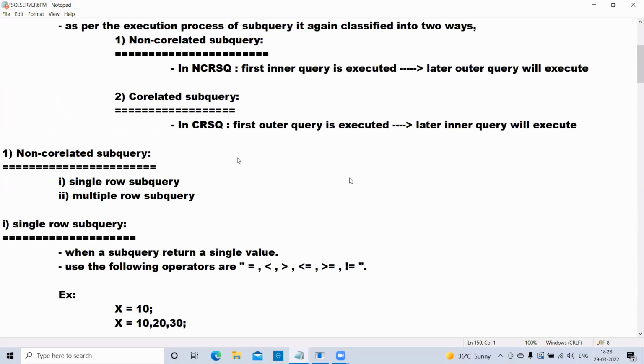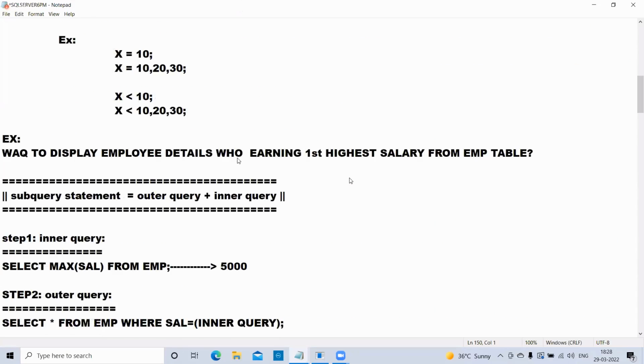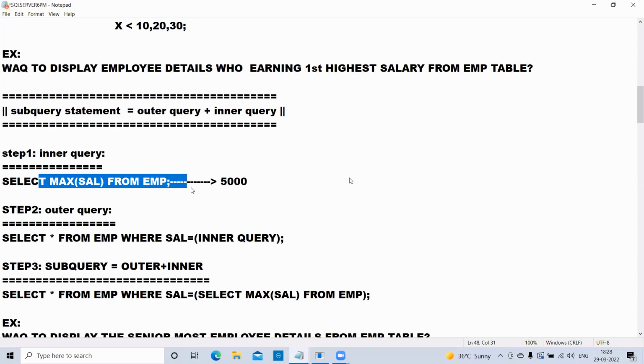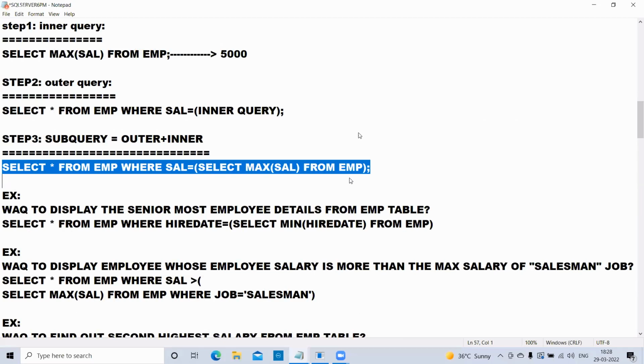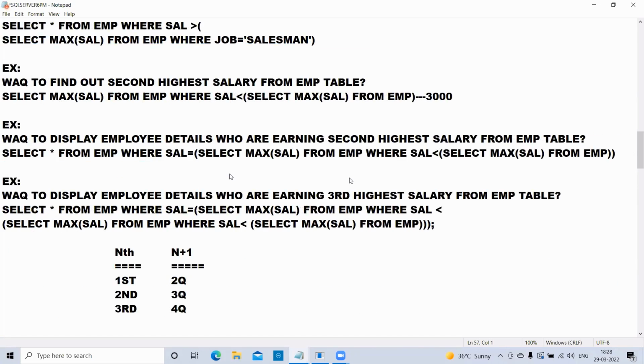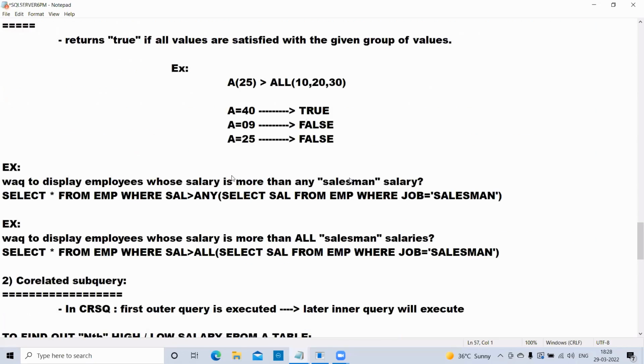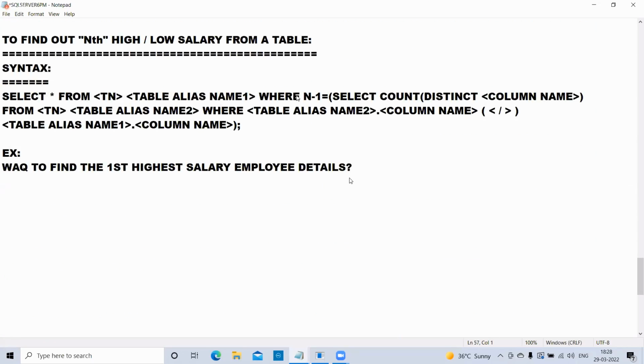So we wrote like this. This is our query to find the first highest salary employee details. That's no problem. Now when I come back to correlated subqueries, how can we find the first highest salary?